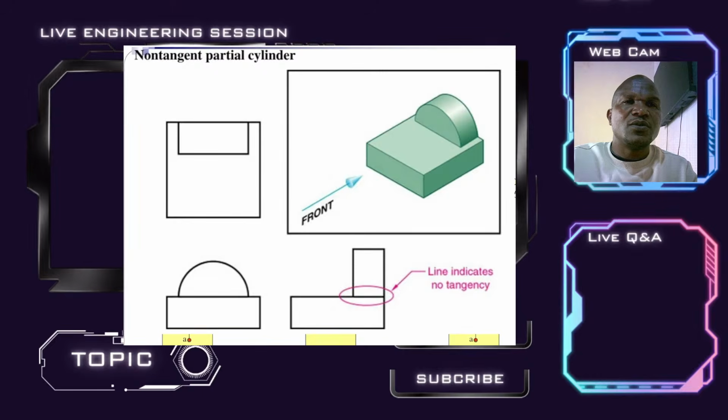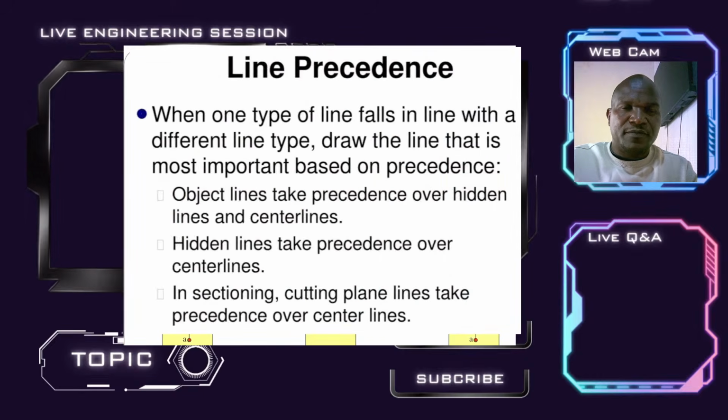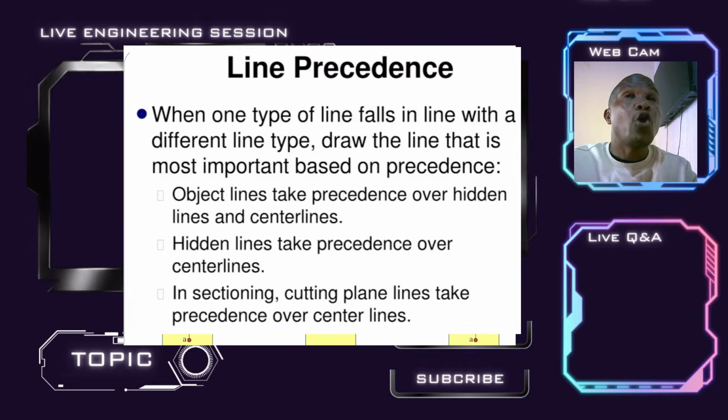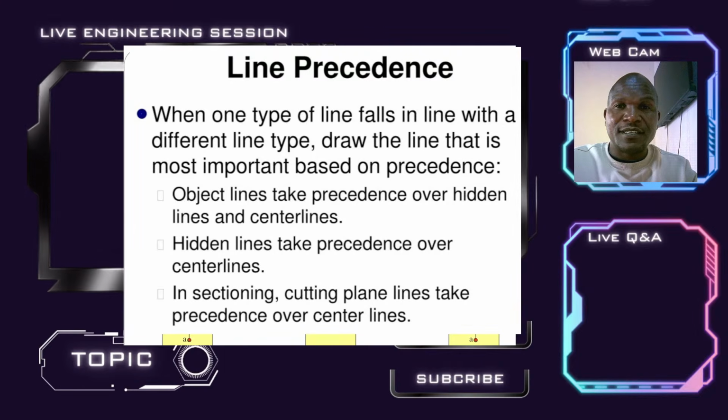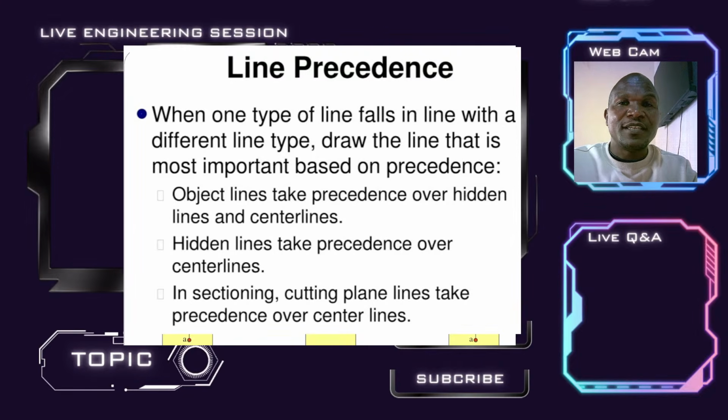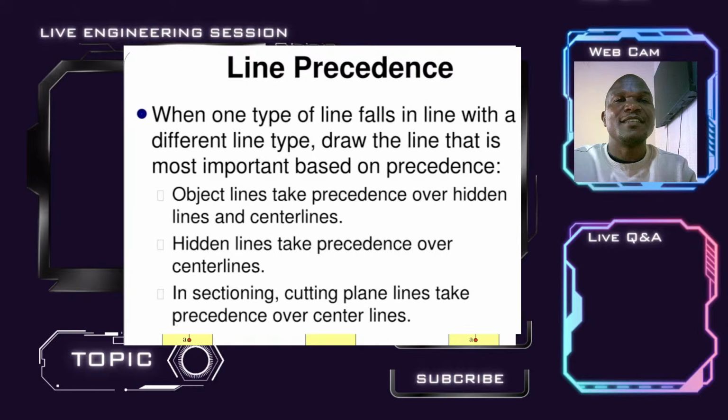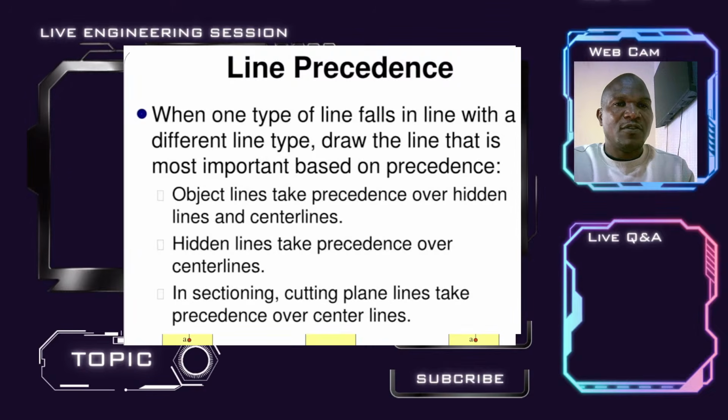Further, I want to make a note of the following. Lines are very important. At times they can be tangential to each other, or edges or hidden features can be tangential to visible edges. For example, you have a hidden hole which is drawn in the orthographic views using hidden lines, and it's coinciding with an edge. Then you have to consider precedence, that is, which given line is given precedence over the other.